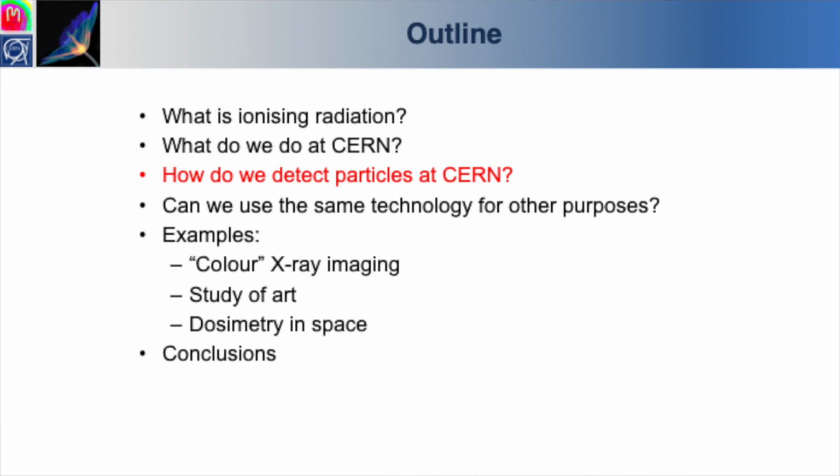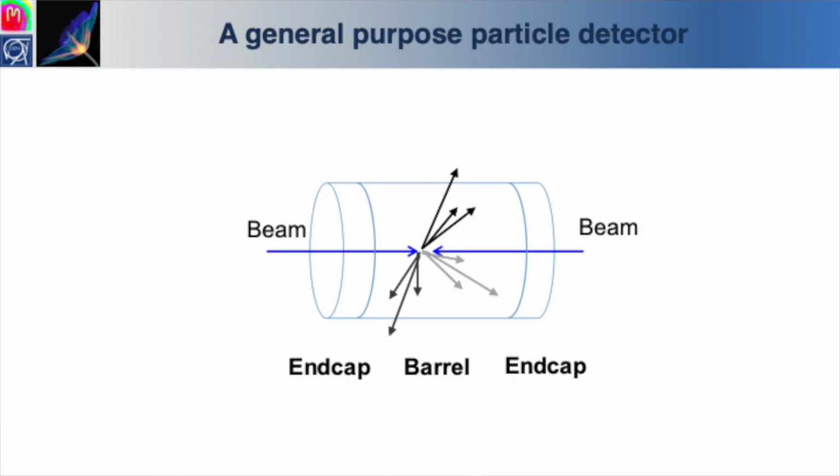So how do we actually do the detection of particles? This is where I come in, if you like. In a standard collider detector, we take a bunch of particles, 10 billion protons in this direction, 10 billion protons in the other direction, and we collide them together every 25 nanoseconds. So 40 million times per second, we'd like to make a picture of what's happening to those colliding particles.